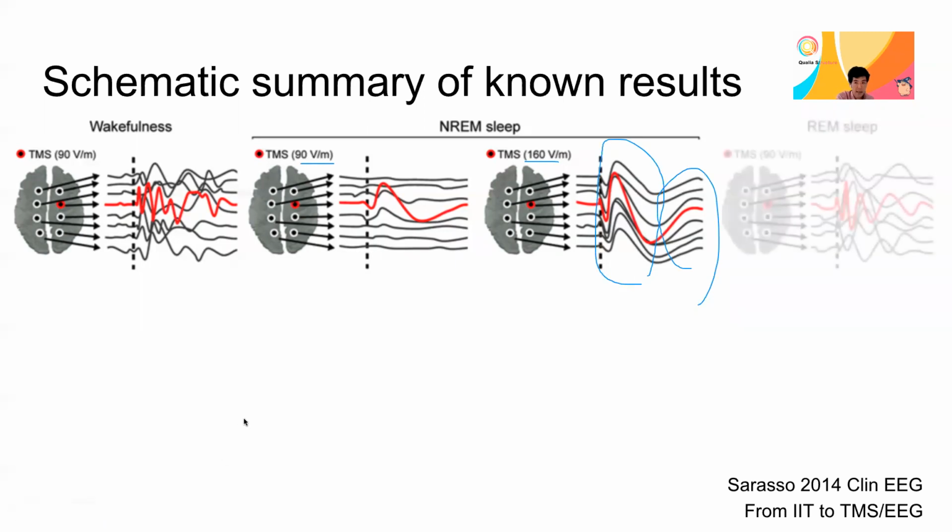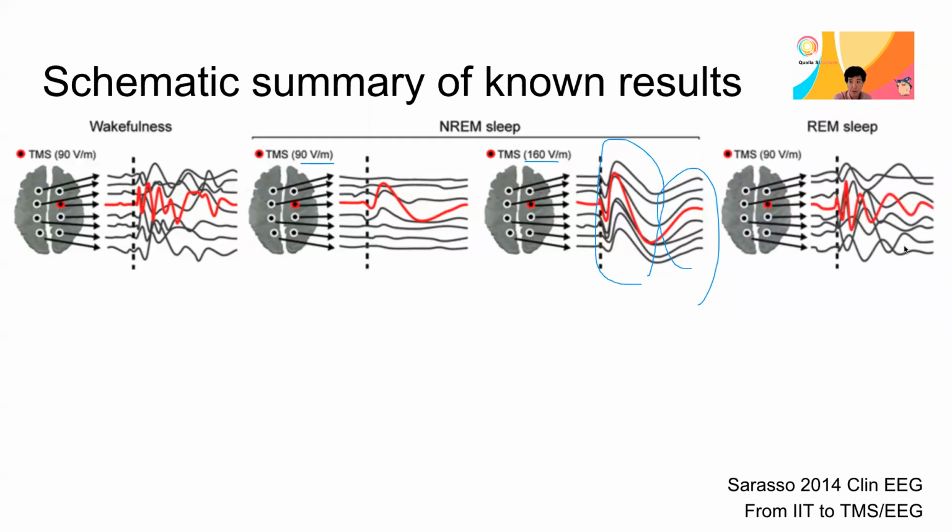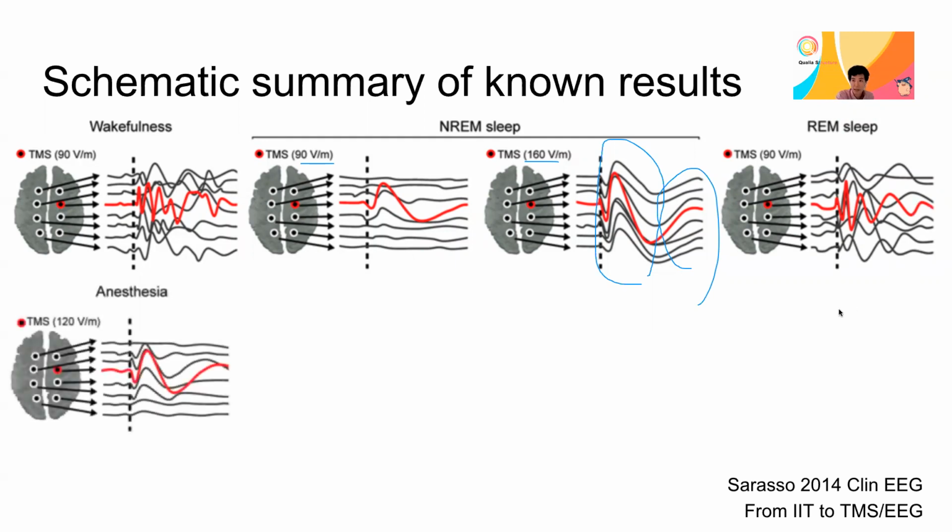And then the other type of sleep, REM sleep, which generates the conscious experience of the dream, tends to make a response that is very similar to wakefulness. So the evoked response becomes complex and also propagates and comes back and so on. On the other hand, general anesthesia that knocks you out in terms of consciousness shows a very similar pattern to non-REM sleep.